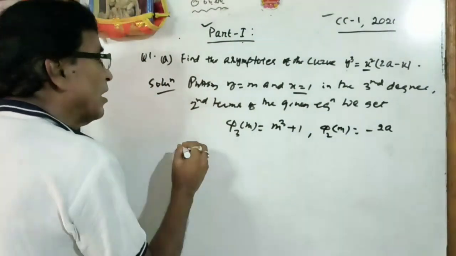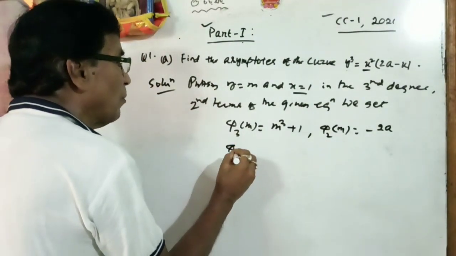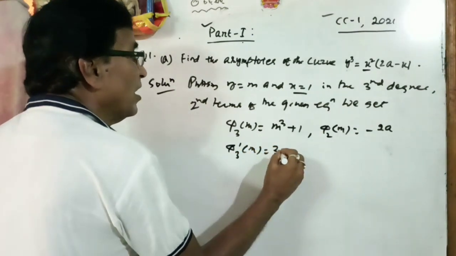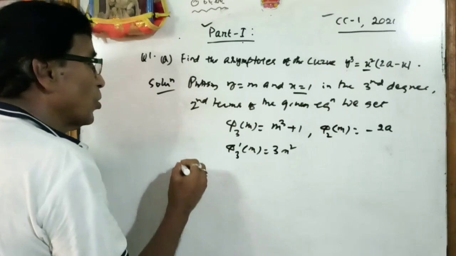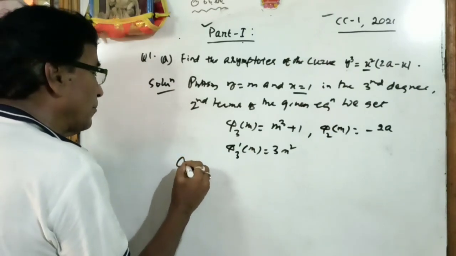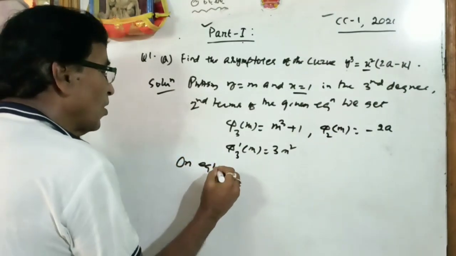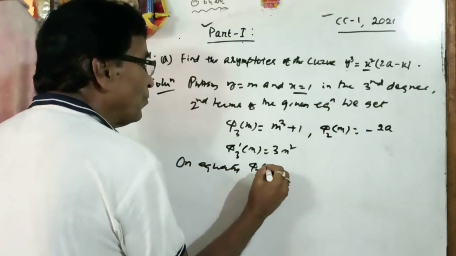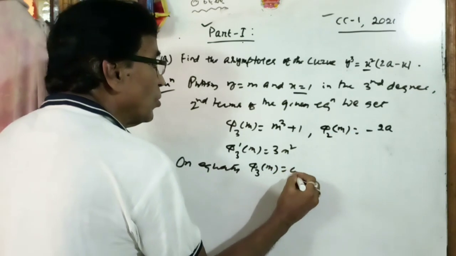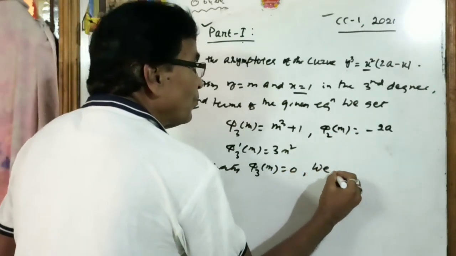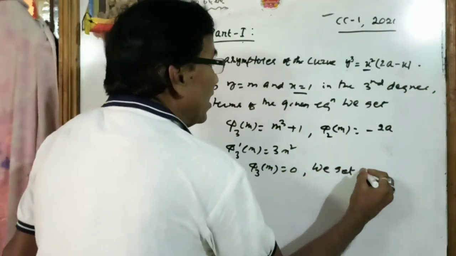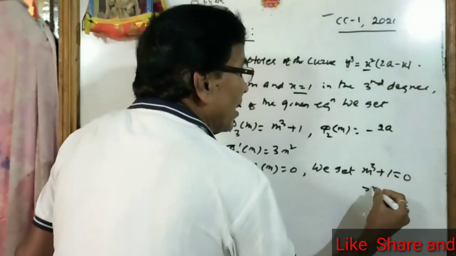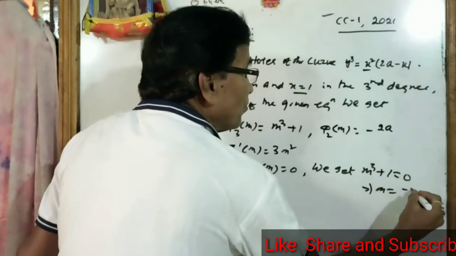Now phi 3 dash (m) is equal to 3m^2. So on equating phi 3(m) to 0, we get m^3 + 1 = 0. That implies m = -1.